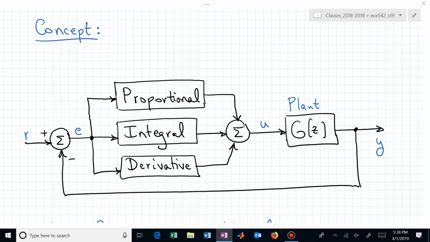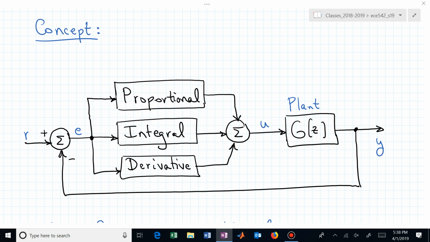That error is then processed three different ways in parallel. One, you just take that error and scale it with a proportionality value, a gain, K_P. The middle one, you integrate that error. And the bottom one, you differentiate that error, scale it up, and you combine all three of those to form the input that drives your plant G of z.